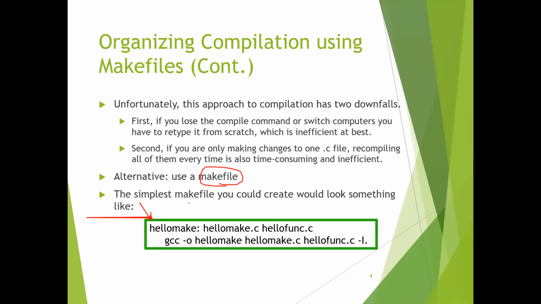That's not very efficient. For example, if I have 20 C files and I only change one of the C files, then I don't want to compile all 20 C files. I just want to compile one of them, build my program and then run it. So in order to only make the C file that has changed, not all the C files, we are going to use Makefiles.